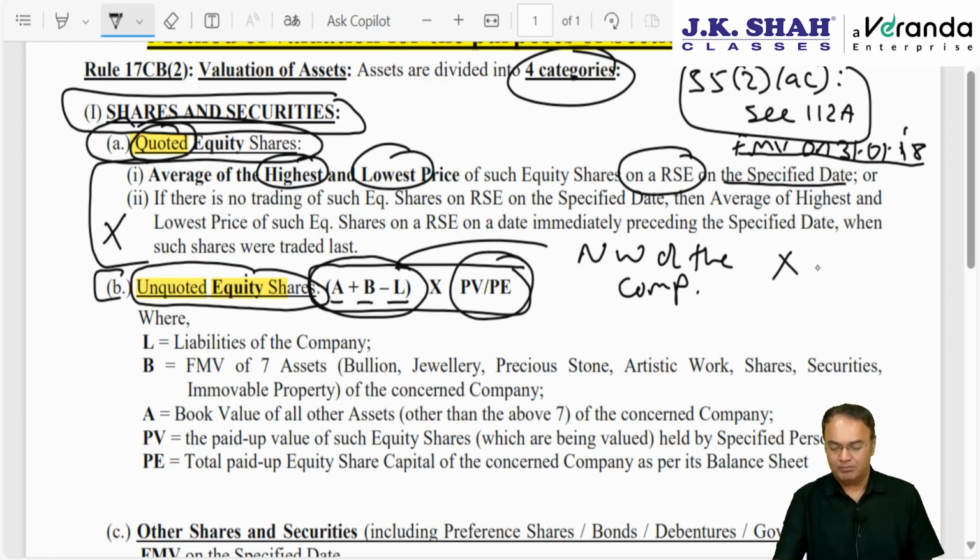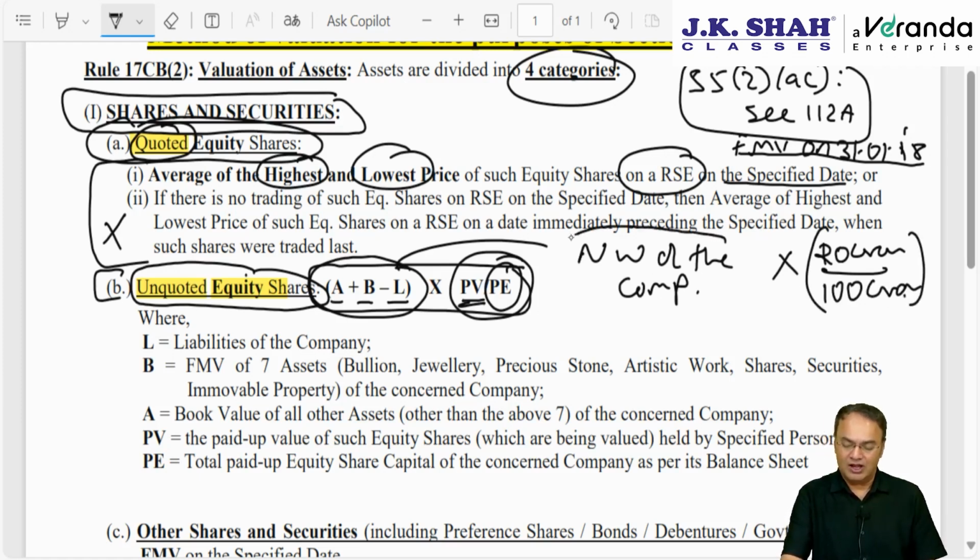What is PV? PV means the paid up value of shares held by the trust of that company. Say the paid up value is 20 crore, divided by PE. PE means 100 crore, the total paid up value of all the shares of that company. So the left hand side bracket will give you the net worth of that company X Limited in which the trust is holding shares.